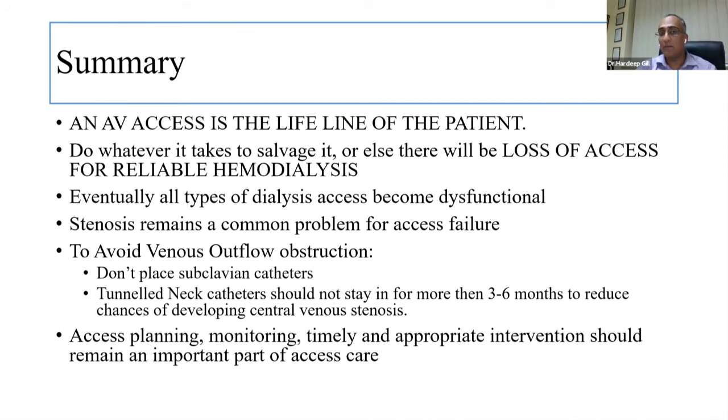Even keeping tunneled catheters, permcaths, in the internal jugular vein for a very long time, and then deciding on a fistula 2 years down the line should also be avoided, because by that time the tunneled catheter has actually damaged one of the central thoracic veins. So when you put a fistula, you'll immediately get arm swelling, and that requires trying to open the venous outflow obstruction.